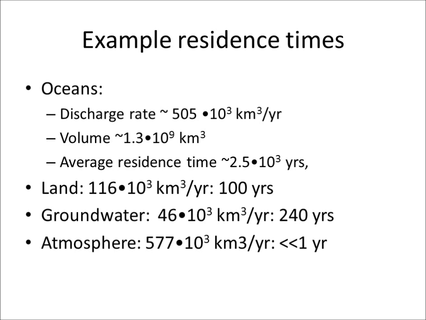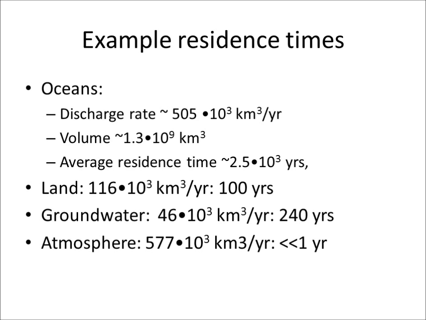On the land surface, using the estimate of the amount of water stored on the landscape, the total volume is 116 times 10 cubed kilometers cubed. Our residence time on the land surface is about 100 years, the average residence time. You can see that groundwater is nearly double that, and the atmosphere has a very, very short turnaround time, much less than a year.